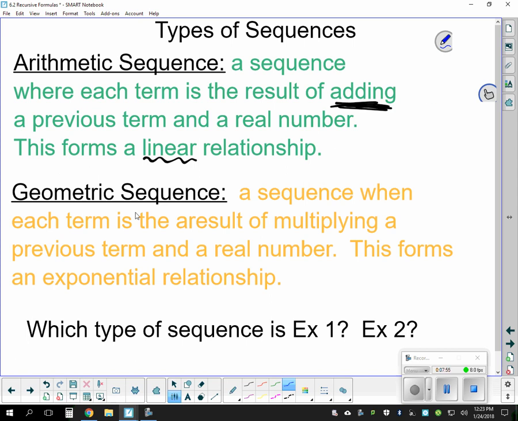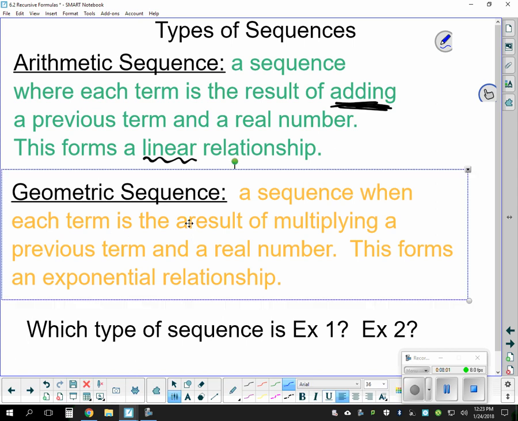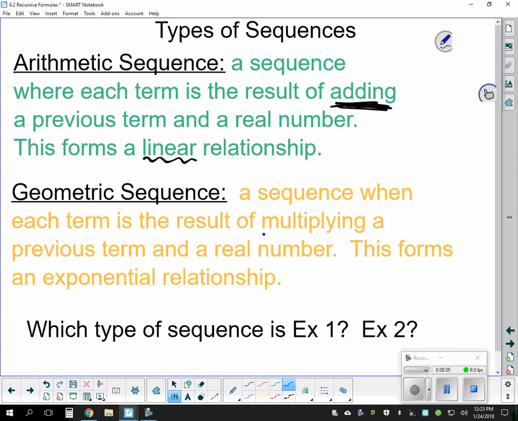If it's a geometric sequence, then it's a sequence where each term is the result of multiplying a previous term and a real number. So when you're multiplying, that's going to make your slope different. You're going to start increasing more rapidly, and that makes an exponential relationship. So geometric sequences are going to be exponential relationships.